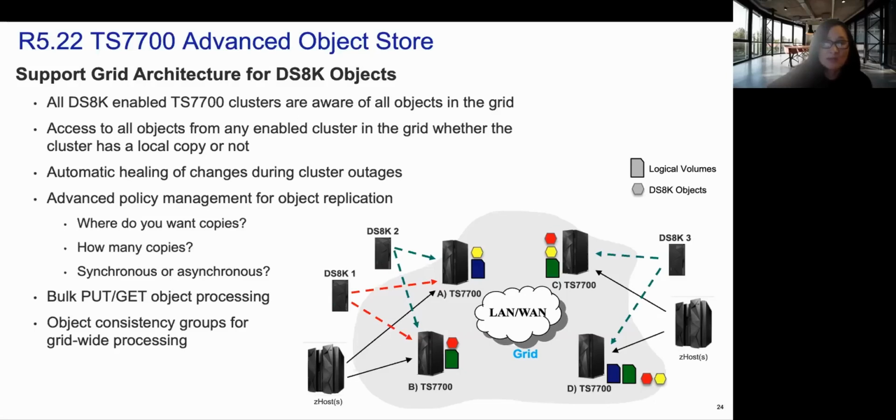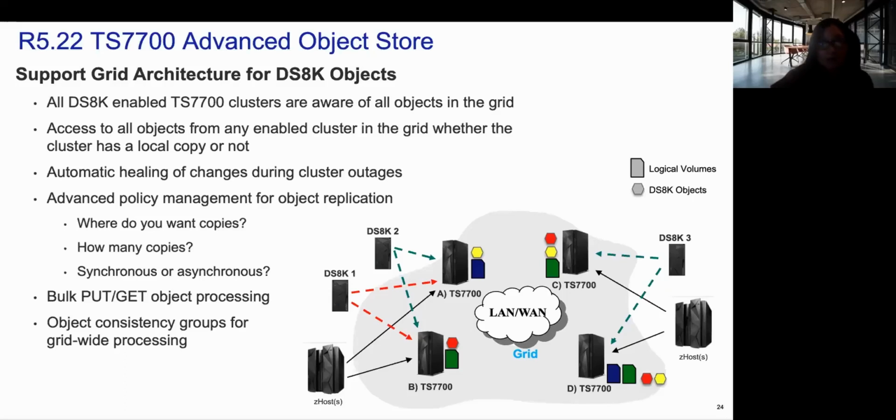As Emmanuel began the discussion, let's say, for instance, in this image, we have DS8001, and it's got the red lines going to two 7700s. This image is indicative of a 4-way grid of 7700s. We have 4 clusters in that grid, and that DS8001 is connected to cluster A and B. In this release, we start load balancing.